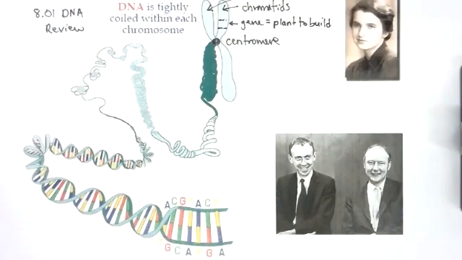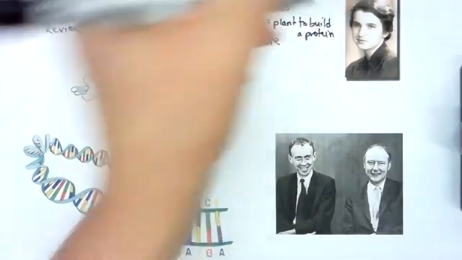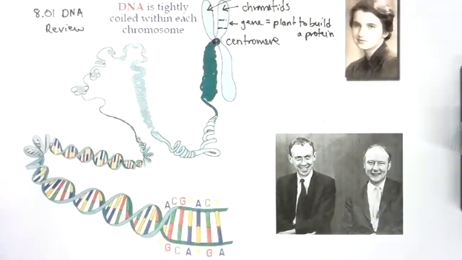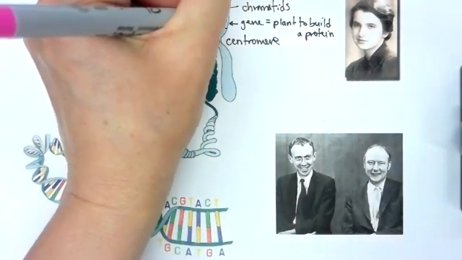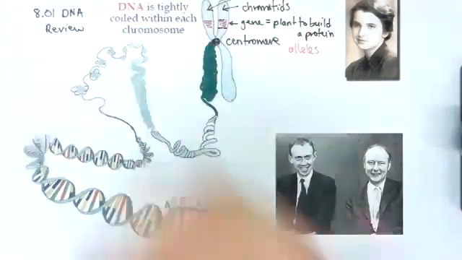We're talking about a specific protein. We have alleles. Let me just color these guys in. Let's say these are two genes, two copies of genes, so they come in pairs called alleles.